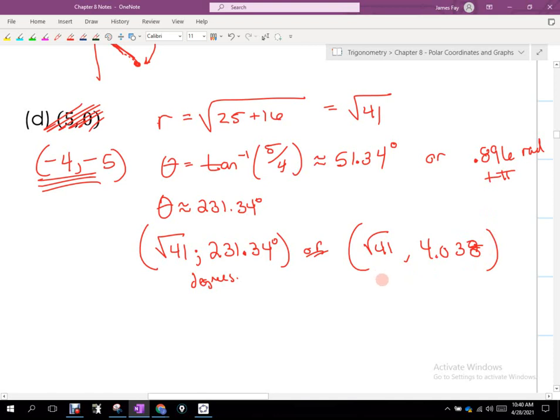Does this look a lot like an ordered pair from the rectangular system? That makes sense? Because I didn't put any units on here, because in radians, they're a dimensionless unit anyways. That looks very XY-ish, okay?